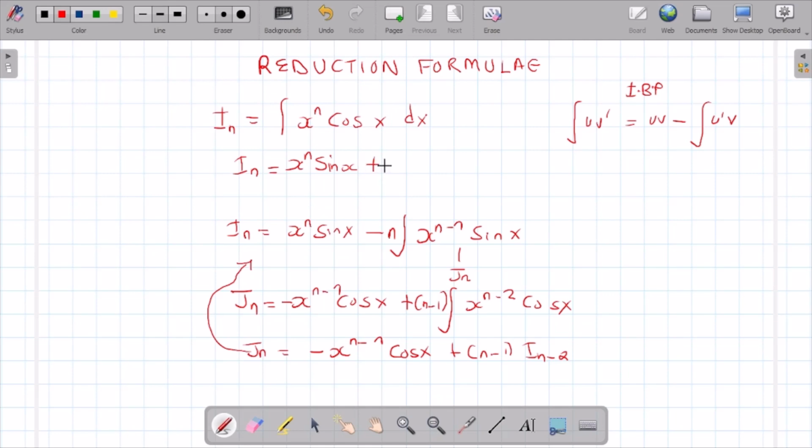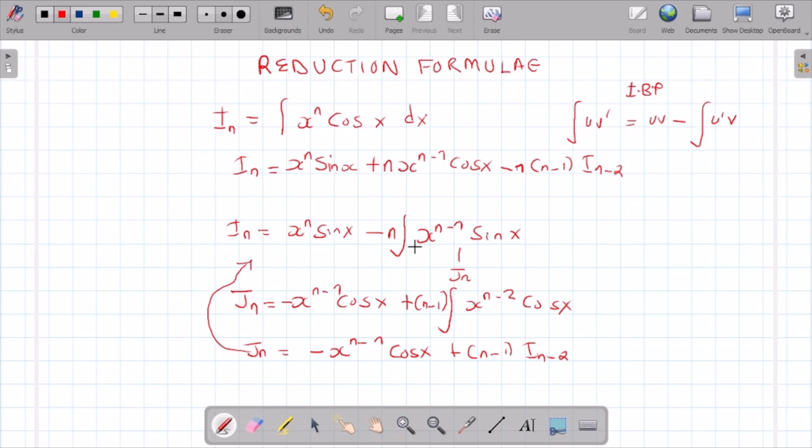That has to be plus n x to the power n minus 1 cosine of x, and minus n multiplied by positive n minus 1, the integral of x to the power n minus 2 cosine of x, which is otherwise n minus 1 I of n minus 2. So this has to be minus n, great, and then n minus 1 I of n minus 2.